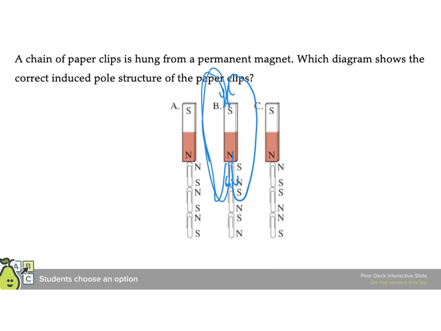So our induced fields must also point that way. So, and I sort of suggestively picked, it's case B that's going to be our correct one, because in that case the permanent magnet has a field that looks like this, and all the induced fields point in the same direction.